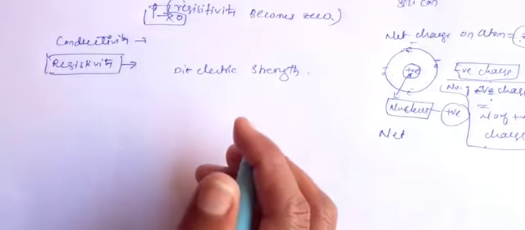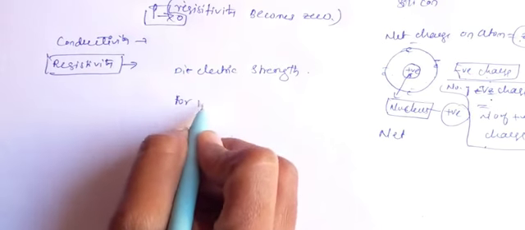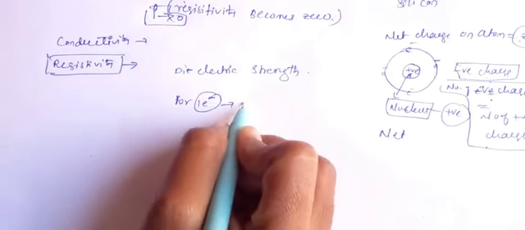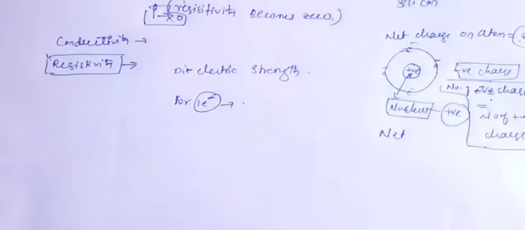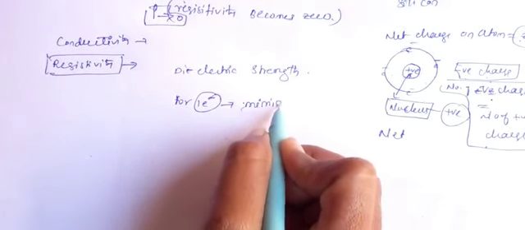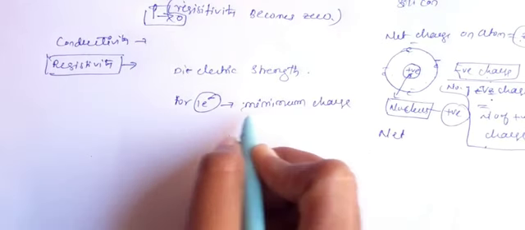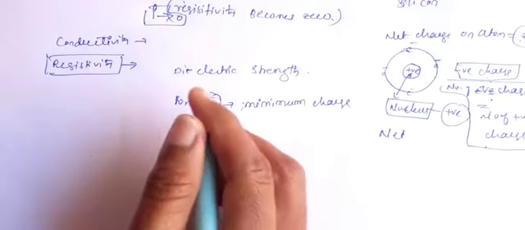Then the minimum charge on a particle: one electron carries the minimum charge. The minimum charge carried by a particle in an atom is that of one electron.